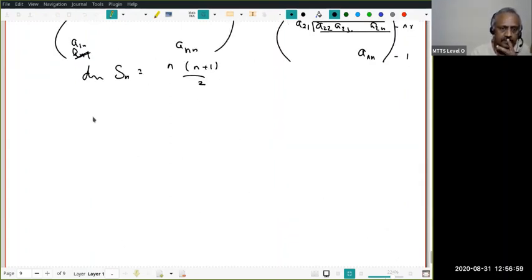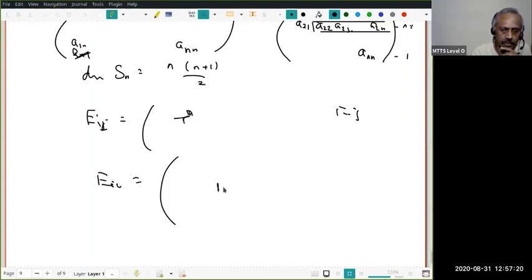Now can I write down the basis? Yes. Again you look at Eij, but then what is Eij now? When i equal to j, this is again 1 at the diagonal element, the ith entry.